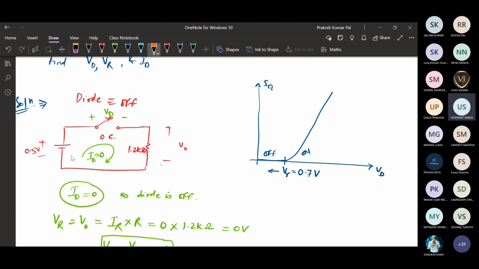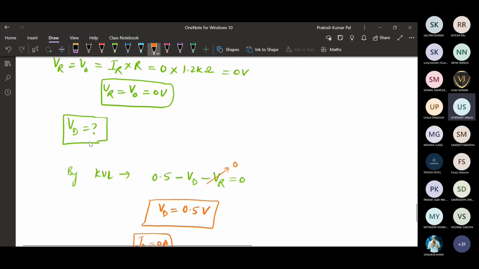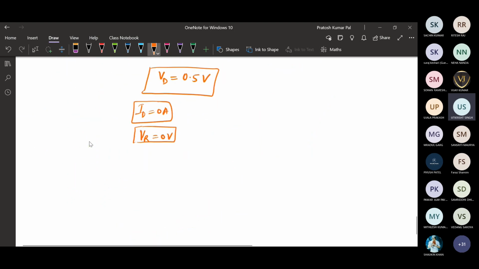We have a voltage applied that is less than the knee voltage. In that case, the diode will be considered to be in off mode, and this is how it is analyzed. So even in that case, the voltage drop across the diode will be 0.5 volt. Okay, it's not 0 volt.